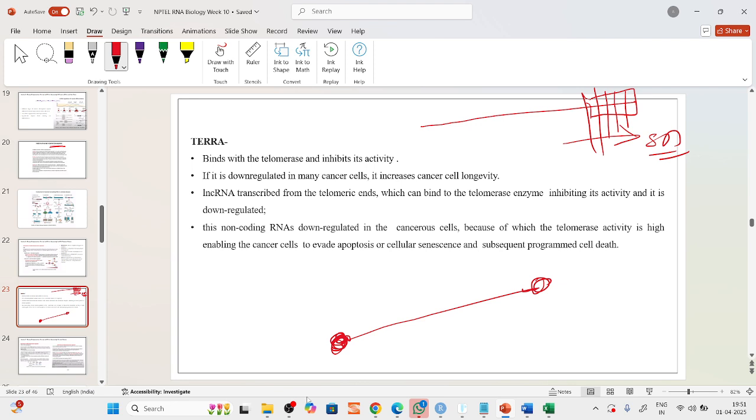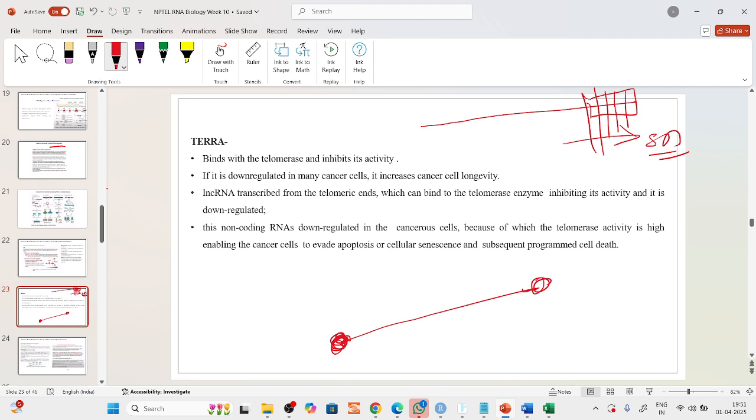So the gist of this paragraph is that TERRA is a long non-coding RNA. Its function is that it goes and binds to the telomerase enzyme and inhibits its activity. When it inhibits telomerase, telomere formation at the end is decreased, and therefore the cell will die eventually.